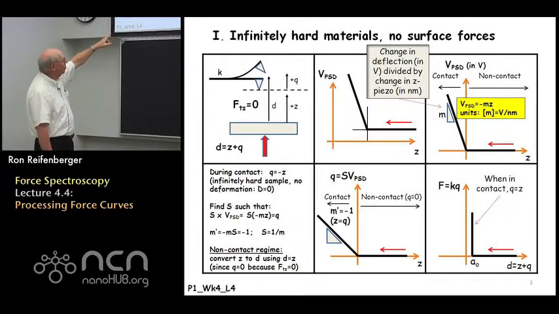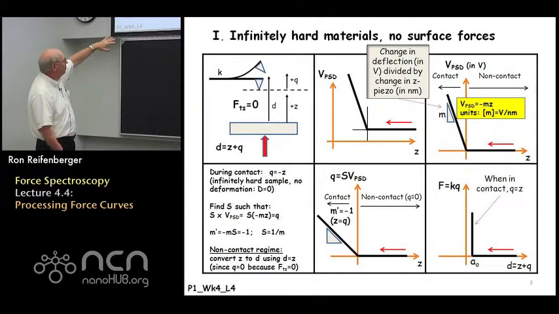The slope of the Q versus Z calibration is going to essentially be 1, which indicates that Z is equal to Q, right? So again, the logic is, since the sample and the tip are infinitely hard, no deformation occurs. If no deformation occurs, then as you decrease Z such that the substrate pushes against the tip, ultimately the displacement of the cantilever is going to be precisely equal to Z.